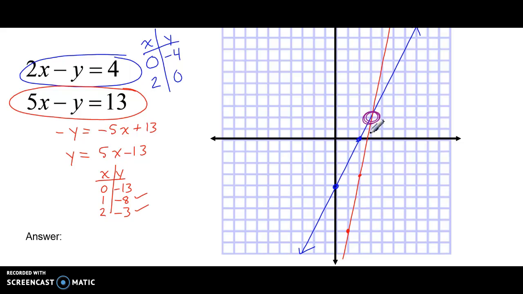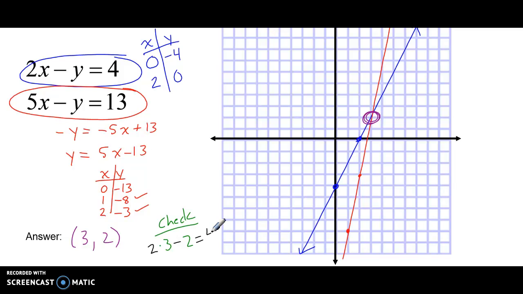That looks like the point 3, 2. So I think the answer is 3, 2, but I'm not really confident of that unless I check it. And don't forget that you can check. To check an answer like this, you would go back to the original equation, and you would plug in 3 for x, and you would plug in 2 for y.